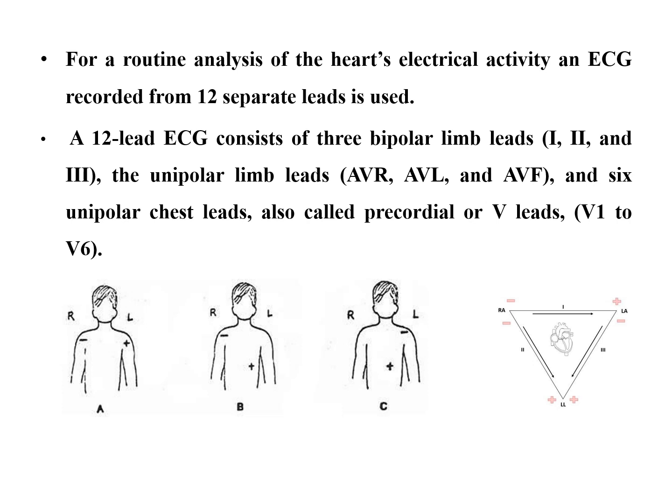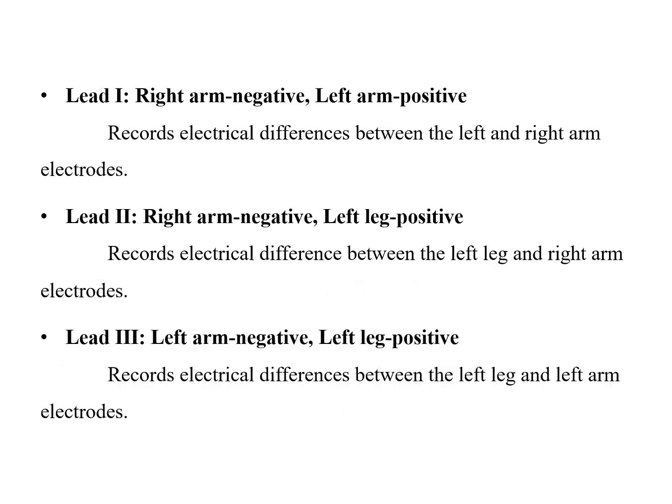This is called the Einthoven triangle. The right arm, left arm and left leg form the triangle shape of the lead systems, leads 1, 2 and 3. Again, lead 1 is right arm negative, left arm positive, recording the electrical difference between the left arm and right arm electrodes.